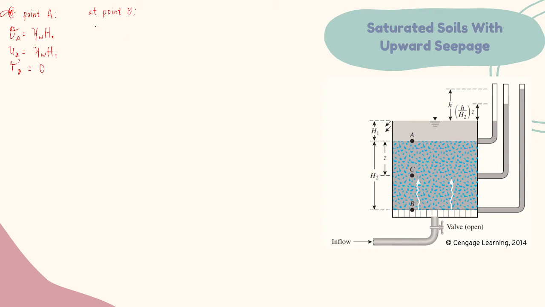we have the total stress sigma B. This is equal to H sub 1 times unit weight of water plus H sub 2 times the unit weight of water, or the saturated unit weight, sorry.